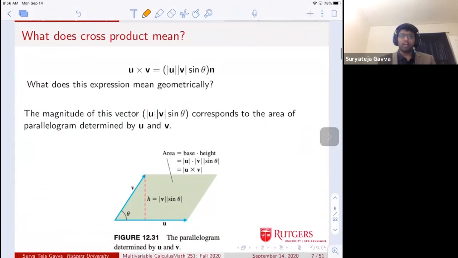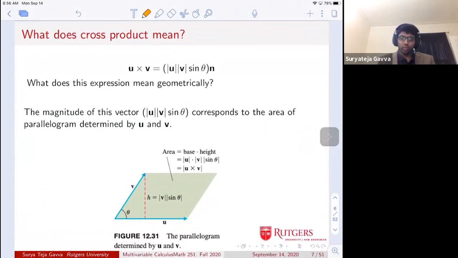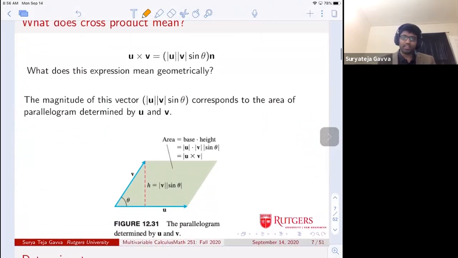We are defining it in terms of |u||v| sin theta, but what does that represent? If you compute the area of the parallelogram, you draw u and v and you will see that it is |u||v| sin theta. Why is that? The area of the parallelogram is the base times the height. The base has length u, and the height can be computed as v sin theta, where theta is the angle between them.